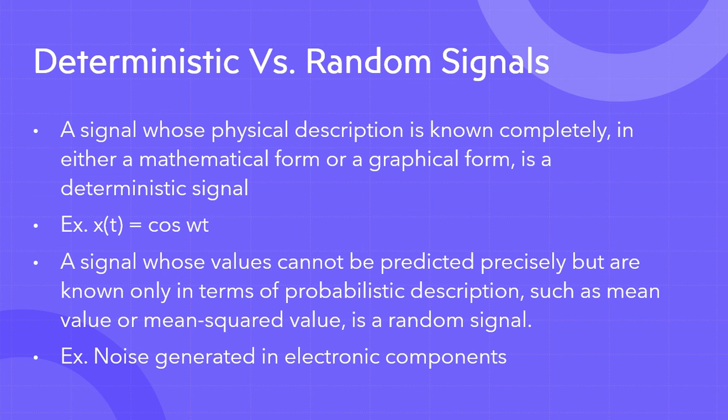Any signal that can be represented by a mathematical equation or graphically is a deterministic signal. For example, x of t is equal to cos omega t, or x of t is equal to sine omega t, or e raised to minus alpha t, e raised to bt. Any signal that can be represented by a mathematical formula is a deterministic signal.